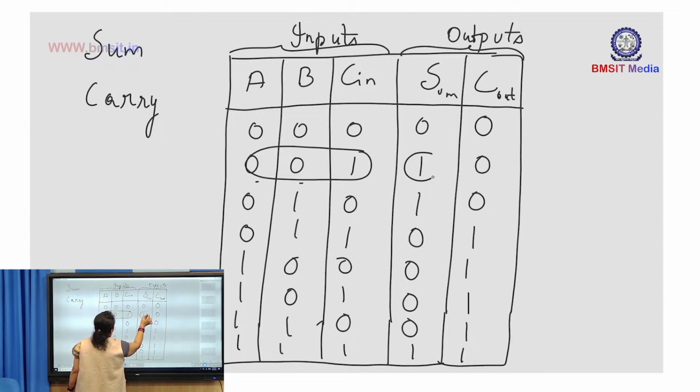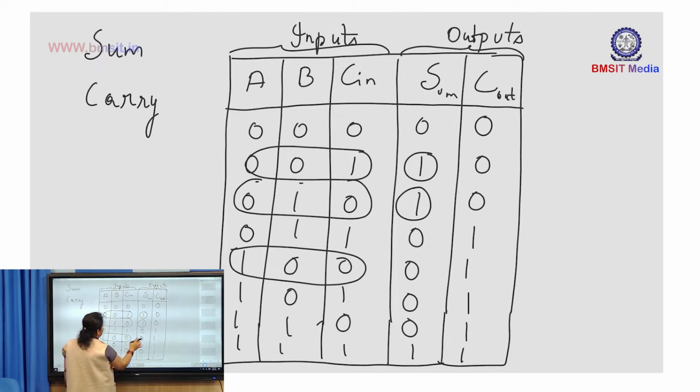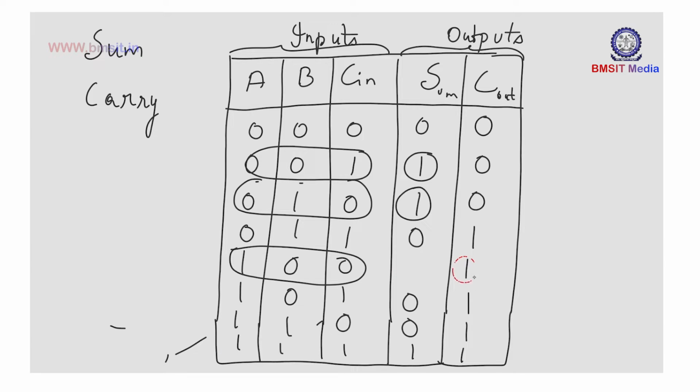Then we have another combination for which the sum is high, and here we have another combination for which sum is high. 1 0 0 gives sum 1 with carry 0, so even for this combination.